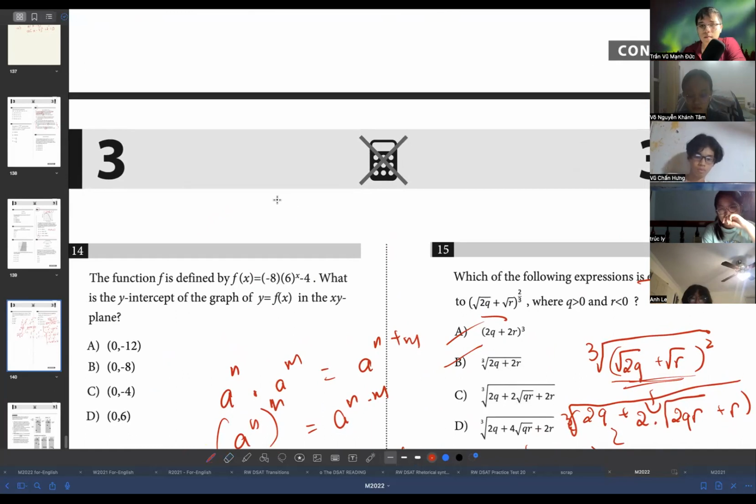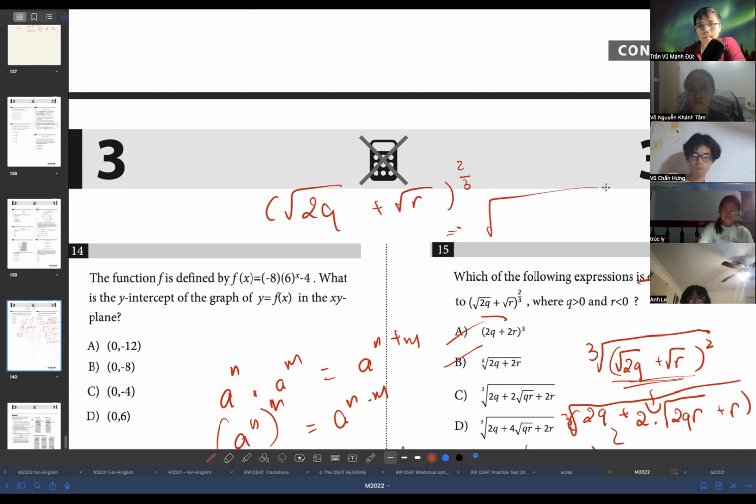Let's recheck it. Square root of 2q plus square root of r all squared, and you have well, it doesn't look correct. No, I guess I just typed it wrong.